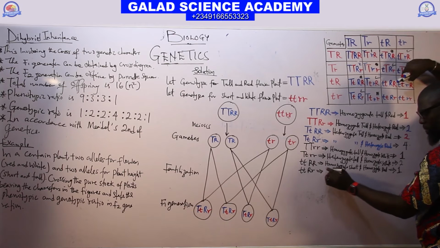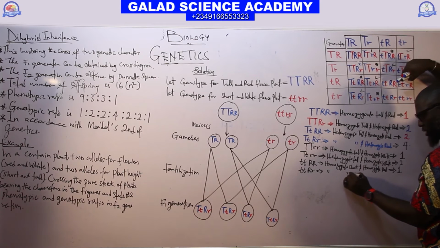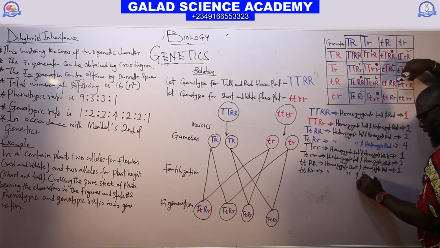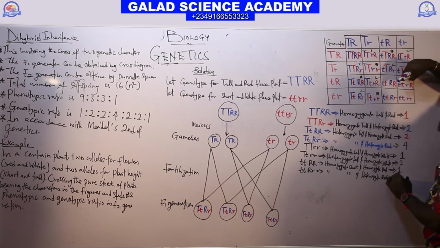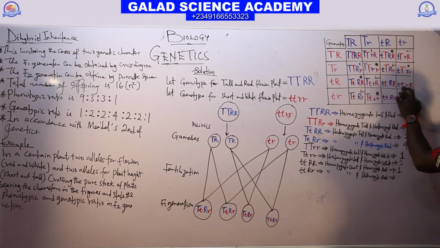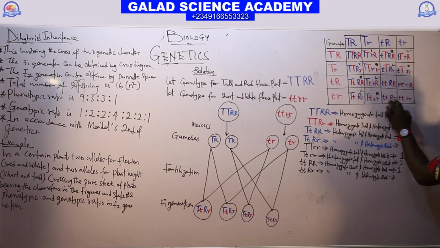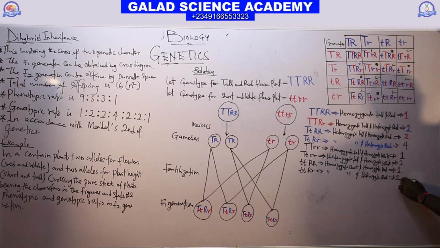Homozygous short and heterozygote red. How many? One, two. We have one, two. This place is two. What is the next one?